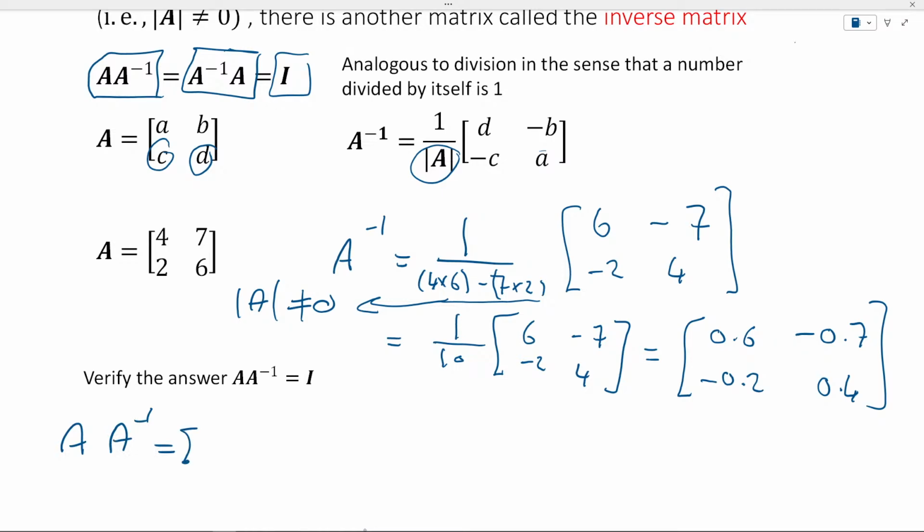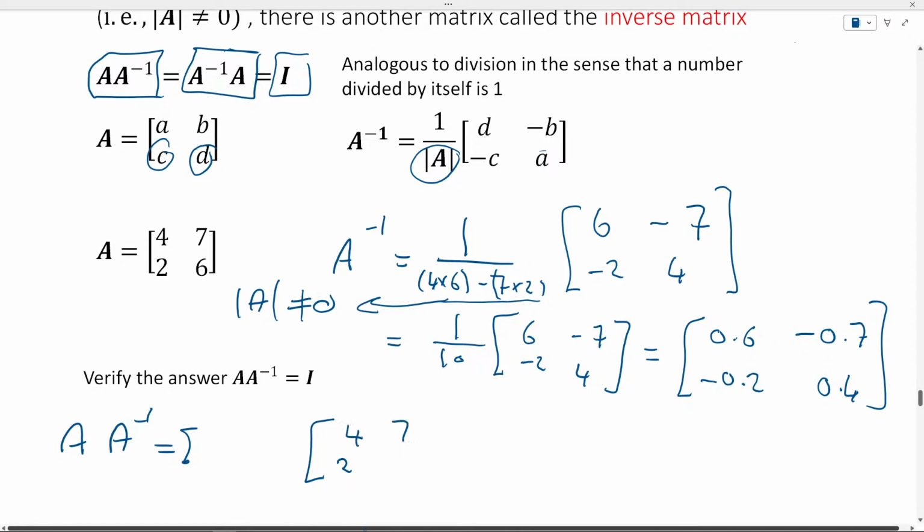So A, what's my matrix? So A is 4, 7, and 6. Times the inverse, that's 0.6, negative 0.2, negative 0.7, 0.4.